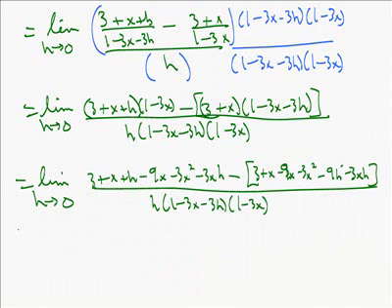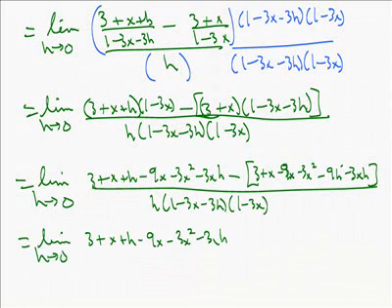Oh boy. Alright, so we have the limit as h approaches 0 of 3 plus x plus h minus 9x minus 3x squared minus 3xh, minus, distributing everything here, 3 minus x plus 9x plus 3x squared plus 9h plus 3xh.